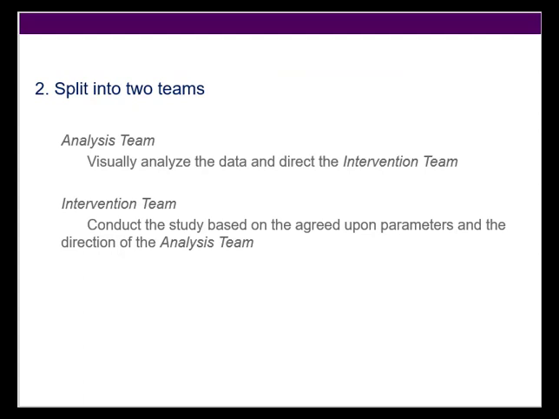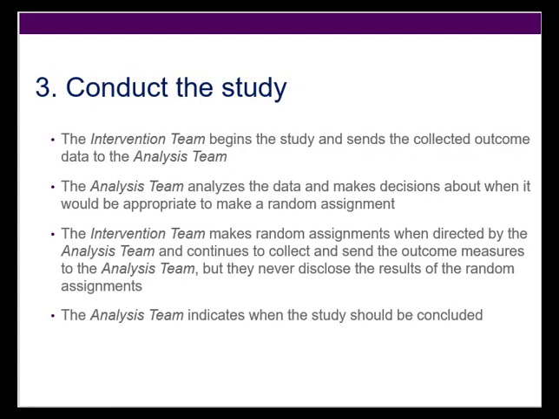Step 2 is to split into 2 teams. Decide on members of the analysis team who will visually analyze data and direct the intervention team, and then members of the intervention team who will conduct the study based on the agreed upon parameters and the direction of the analysis team. Step 3 is to conduct the study.